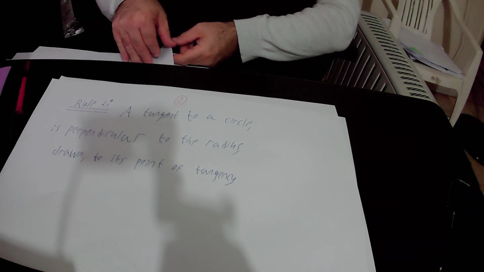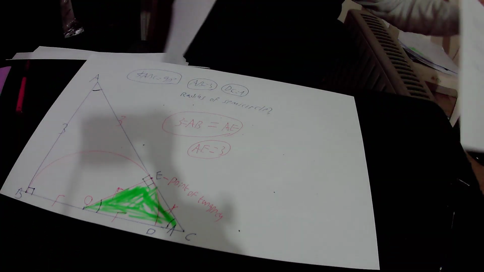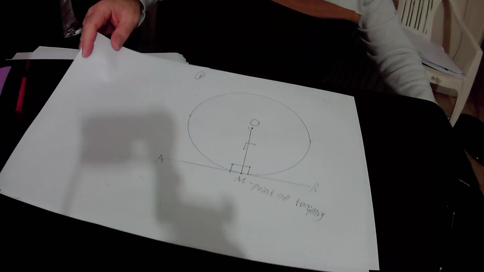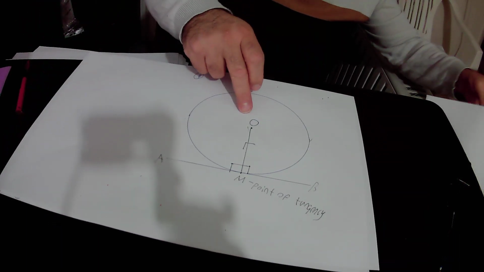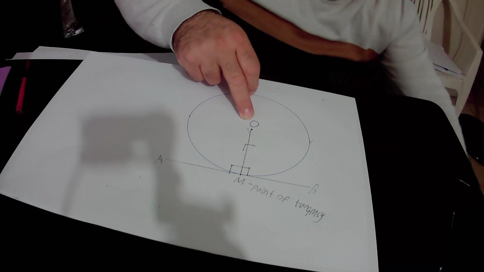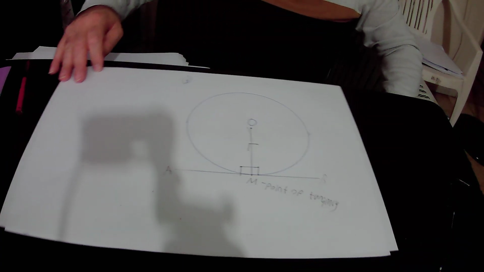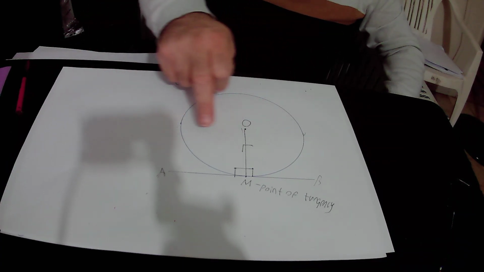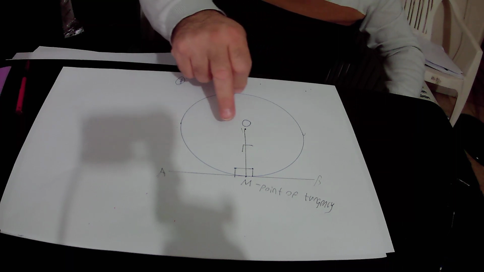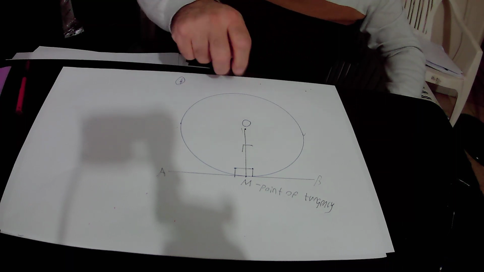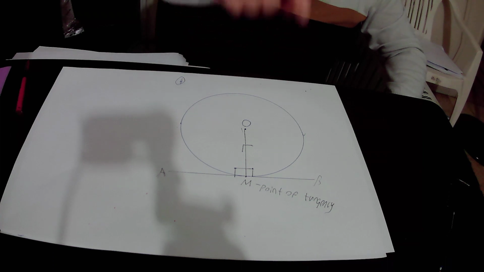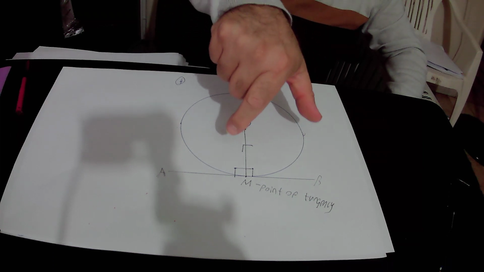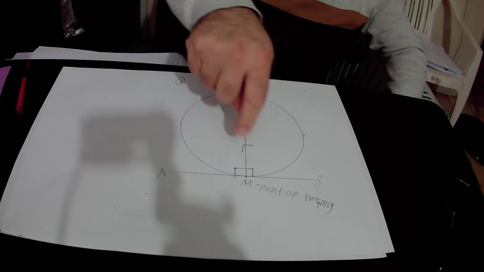If you have this circle, the center of this circle is at this point O, and we have tangent AB to this blue circle. Tangent AB is tangent to this blue circle at point M. Point M is the point of tangency of tangent AB with this blue circle.